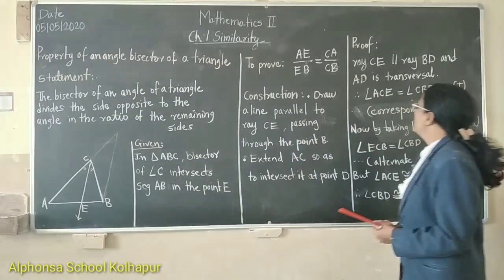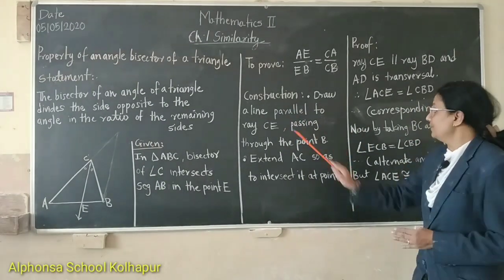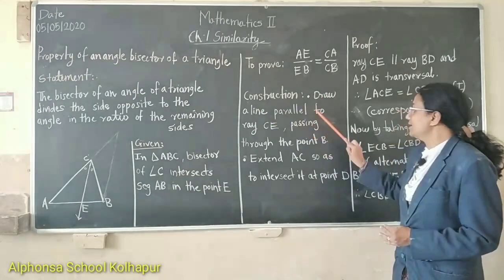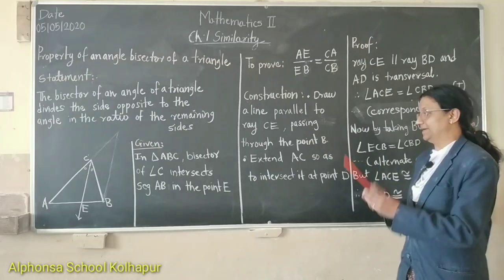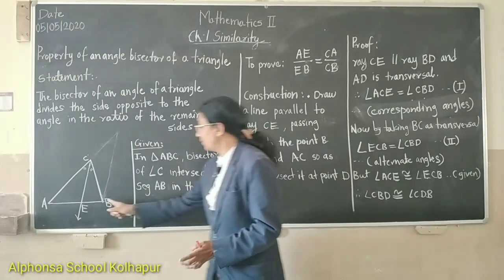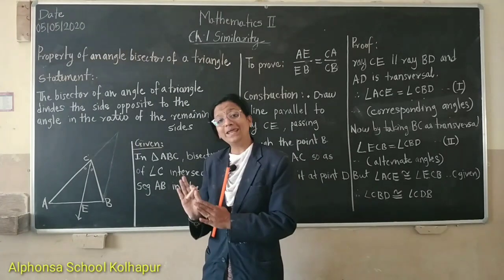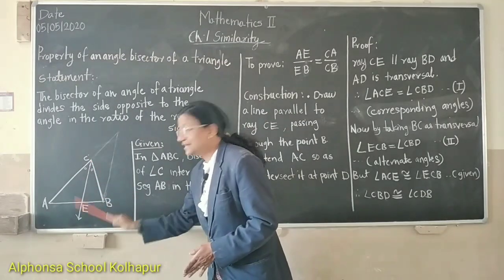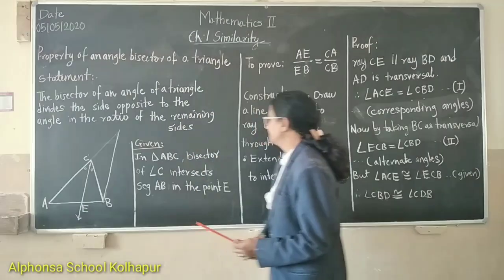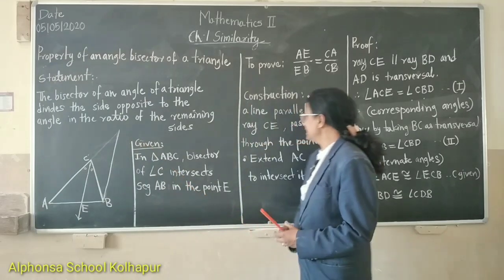For that, we go for some construction. Draw a line parallel to ray CE passing through the point B. Here is point B. Through this point B, we are going to draw one line which is parallel to this angle bisector CE.